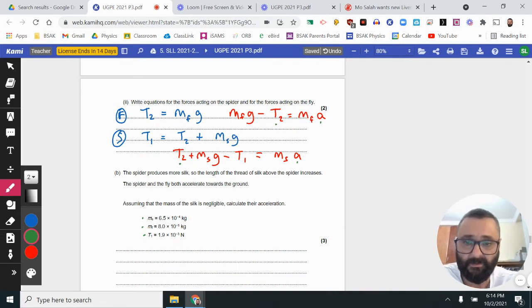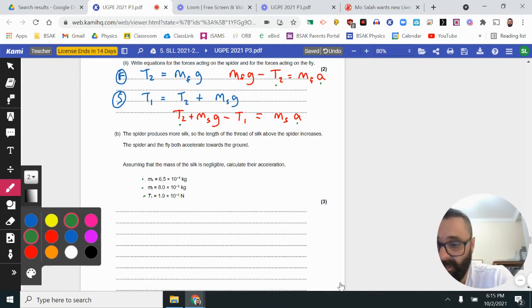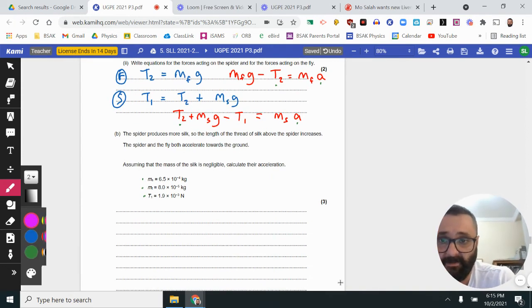So we add those two equations together. If we add this equation to this equation, the minus T2 and the T2 in the bottom both cancel out, they disappear.